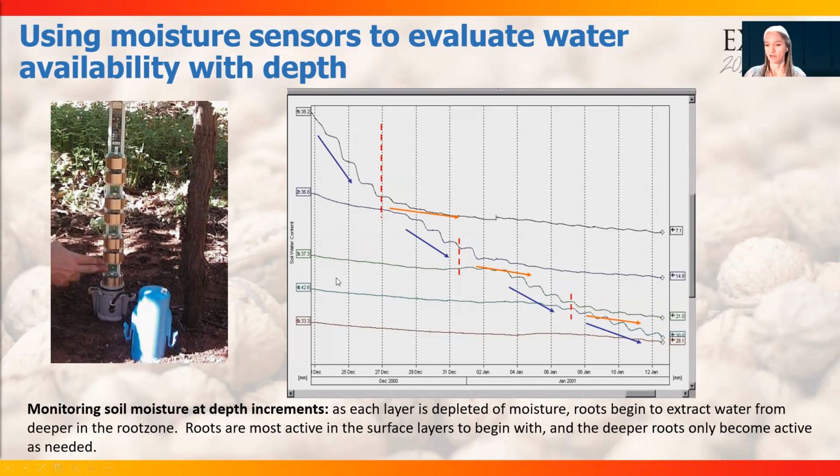Here you have many depth increments, and so you can watch throughout the season as each layer in the soil, going from the most shallow to the deepest, is depleted of moisture. The roots begin to extract water from deeper in the root zone. In this graph, the roots are most active in the surface layers to begin with. Then the deeper roots only become active as they're needed, as the soil moisture depletes from the surface deeper into the soil.